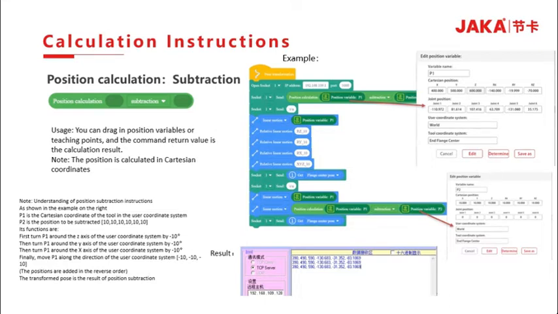Finally, P1 is shifted by minus 10 millimeters along the direction of the user coordinate system x, y, z. And its change order is just the opposite of the order of position addition. The changed pose is the result of the position subtraction.